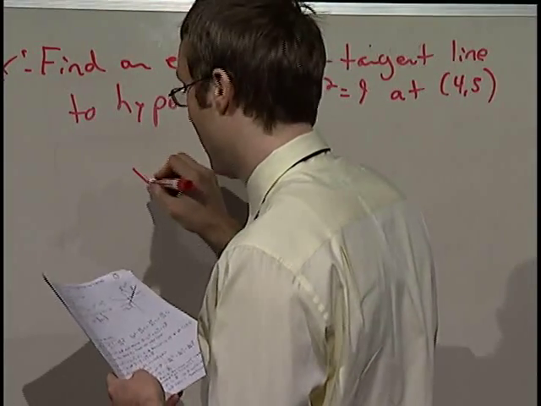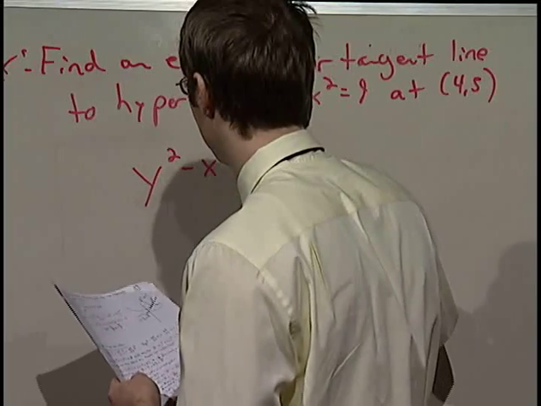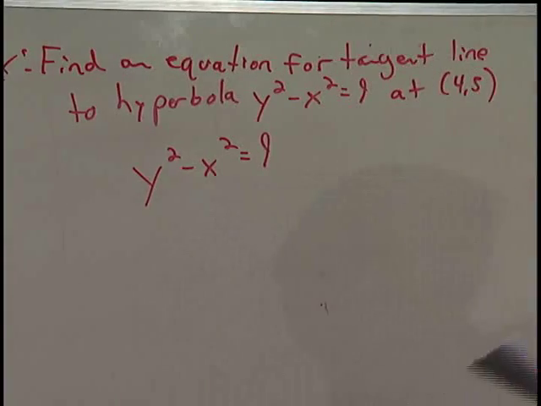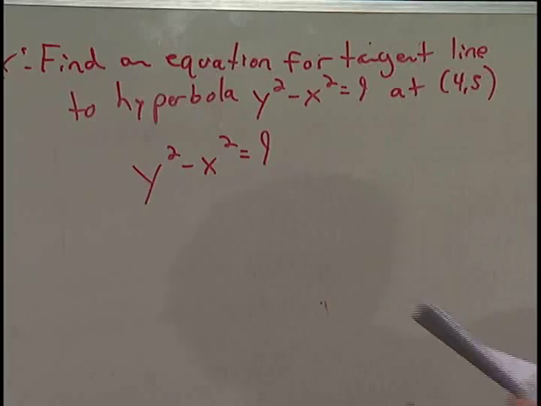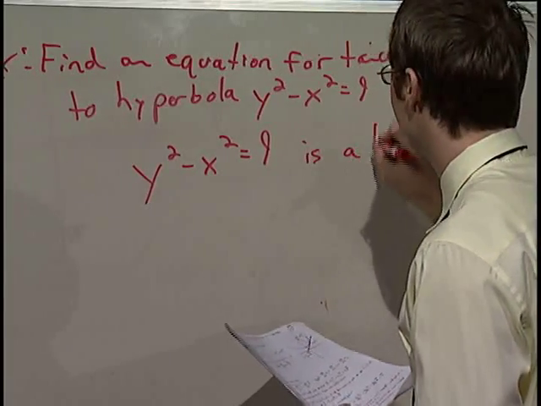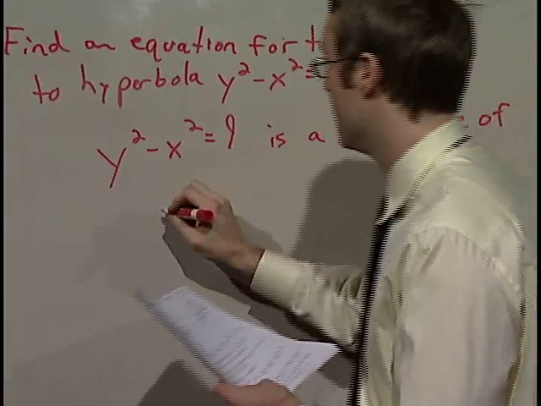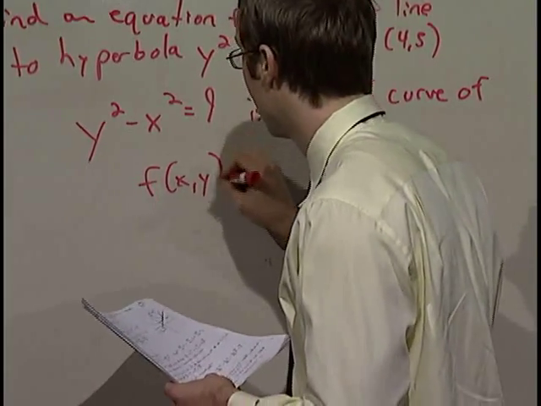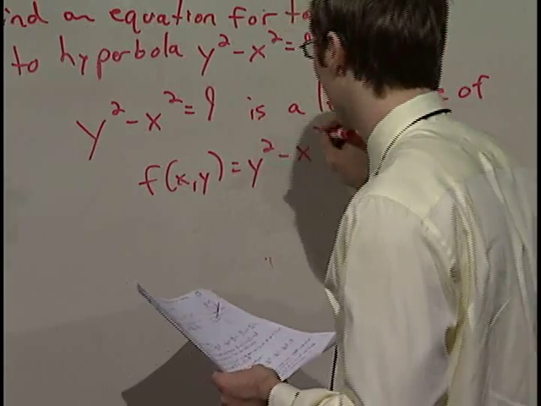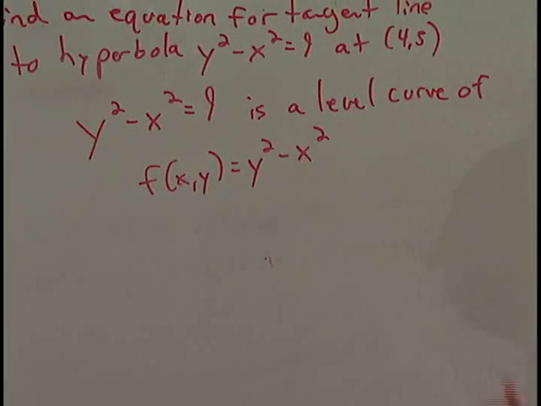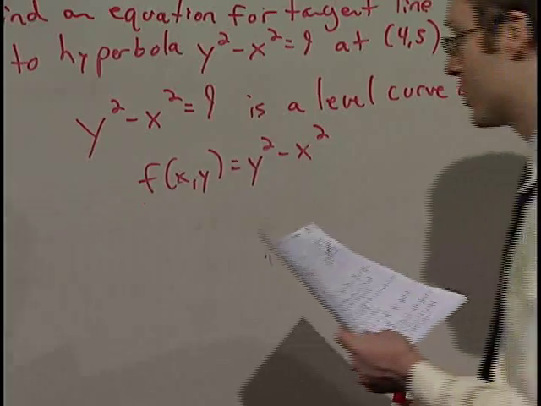Okay, so let's see here. All right, so we have this equation for a hyperbola here. Well, this is a level curve, right, of the function f of x, y equals y squared minus x squared, right? It's when this is equal to a constant value. So this is a level curve of that function.